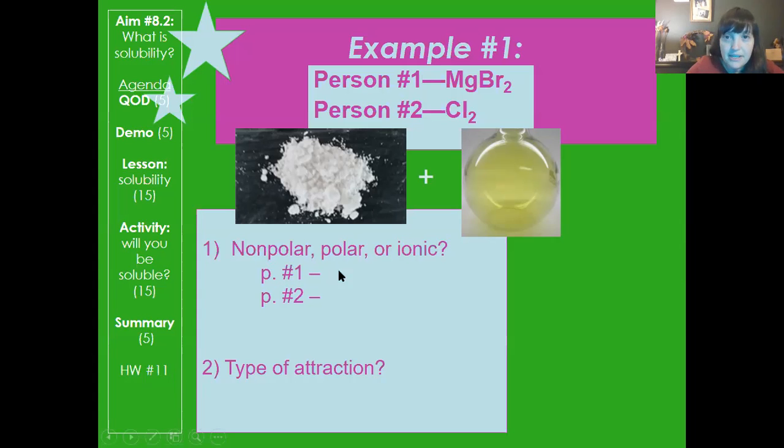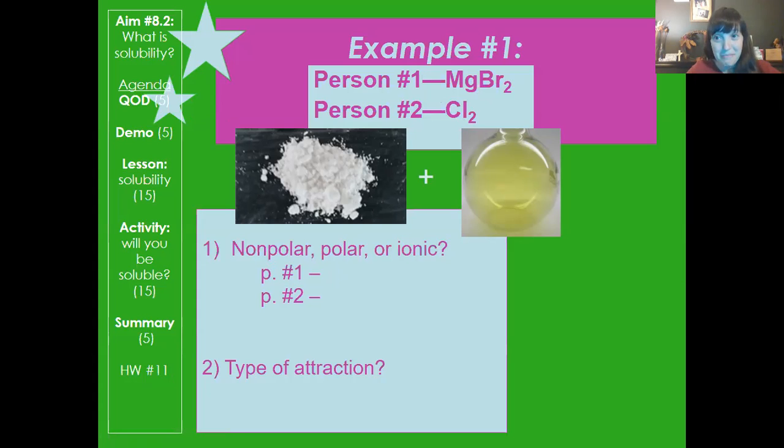Person number 1 is magnesium bromide. So what do you think? Nonpolar molecule, polar molecule, or ionic compound? That's right, ionic. Magnesium's a metal and bromine is a nonmetal, so that's ionic. How about person number 2, the chlorine gas? Nonpolar, polar, or ionic?